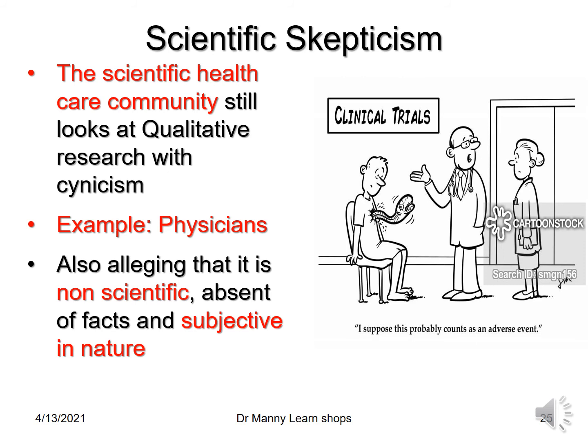So you have scientific skepticism related to qualitative research. And the scientific healthcare community still look at qualitative research with a lot of cynicism, especially physicians. Also alleging that qualitative research isn't scientific because it doesn't have facts and it's subjective in nature.